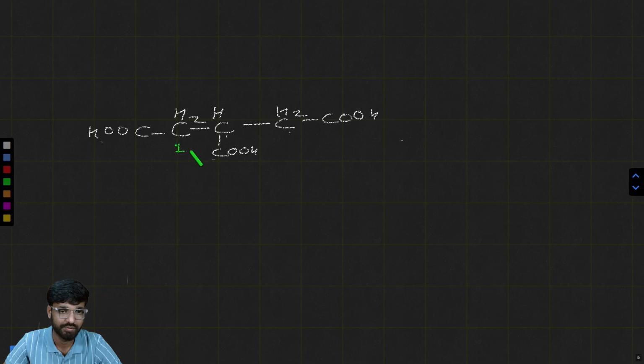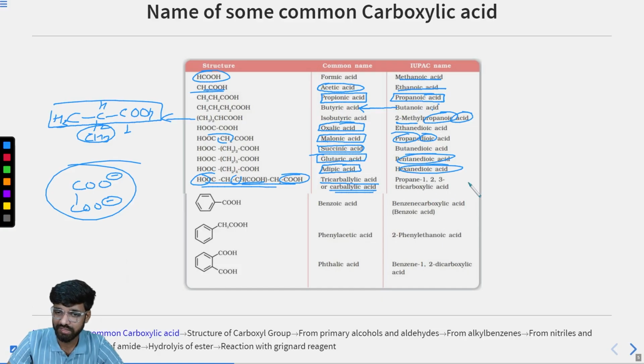So first, second, third. Now at 1 we have the carboxylic acid, with 2 we have carboxylic acid, and 3, all of the 3 positions are occupied. So for 3 carbons we have the name propane, or prefix propane I would say, and 1,2,3 tricarboxylic acid. So propane 1,2,3 tricarboxylic acid. So we have just introduced the suffix against this carboxylic acid. So for 2 we have dioic acid, but for 3 we have to write it the whole way, tricarboxylic acid.